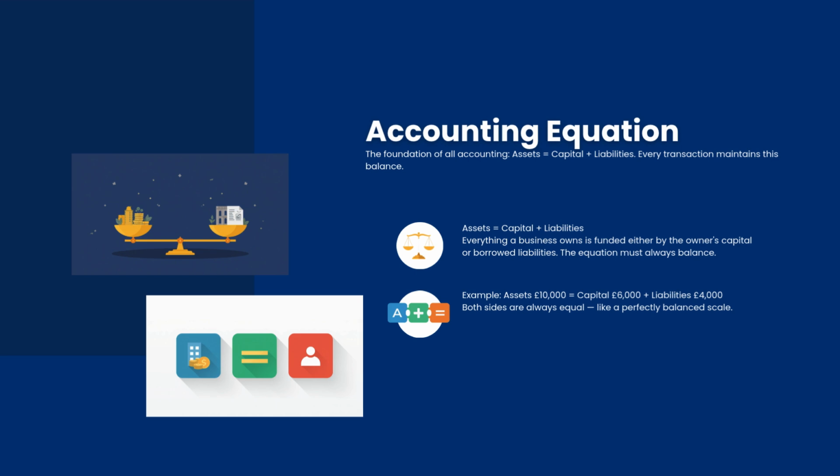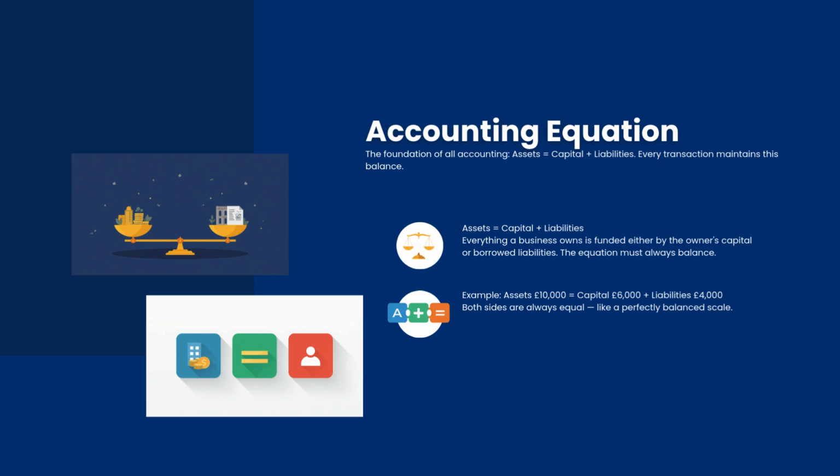All resources that I have, or all the assets I have, all the equipment I have, either I have put the money into the business and bought that, or I have taken out a loan, made a liability to finance them. So, example, assets of 10,000 is equal to capital of 6,000 plus liability of 4,000.